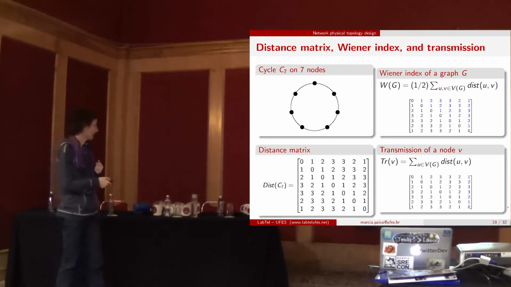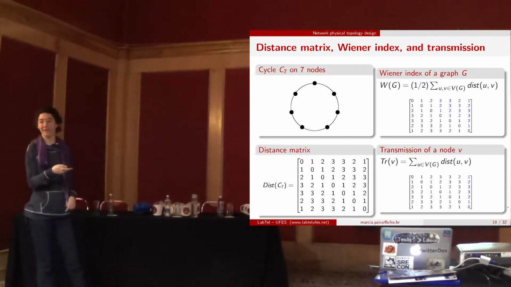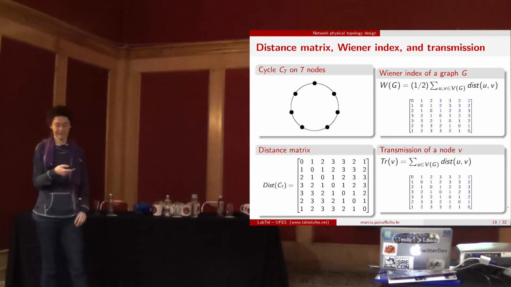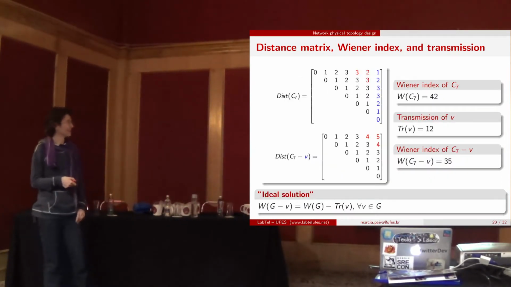For instance, if we remove this node here, before from this node to this node we have 2 links, and then if this one fails, we have now 5 links to get the same destination. So instead of a 2 in this matrix, we would expect to see a 5. So this is this 5.